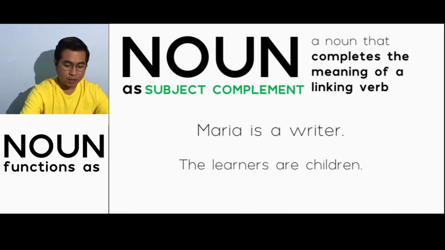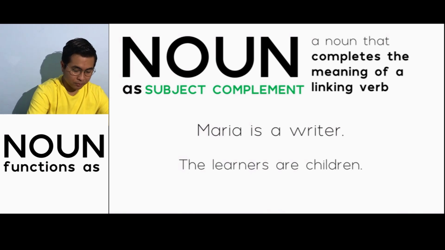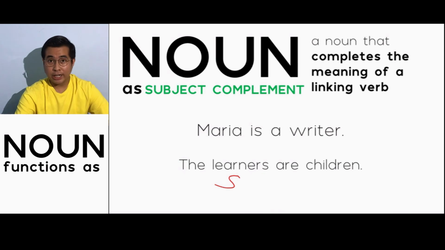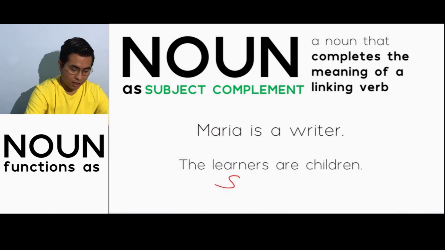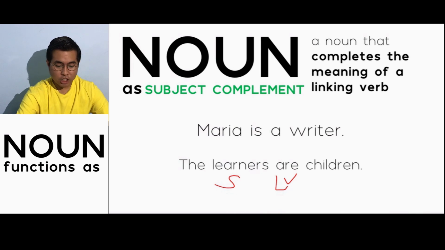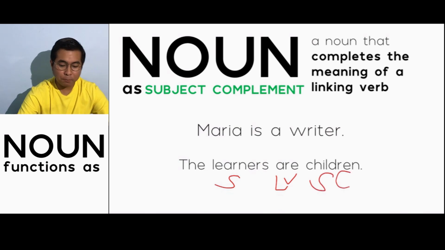So again, you're talking about a topic, which is your learners. This is the subject. Your linking verb, since the subject is plural, we use are and not is. And then children, so you're describing your learners as children, so they are your subject complement. They complete the meaning of your subject.